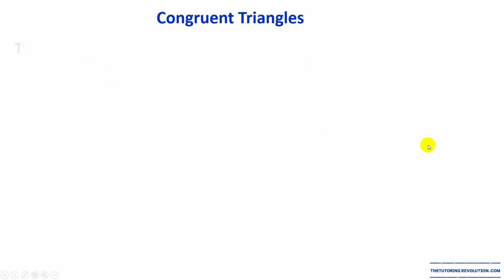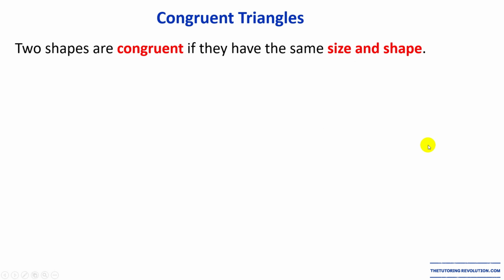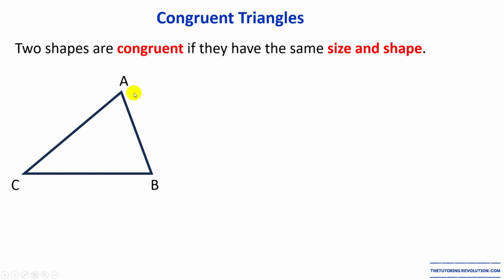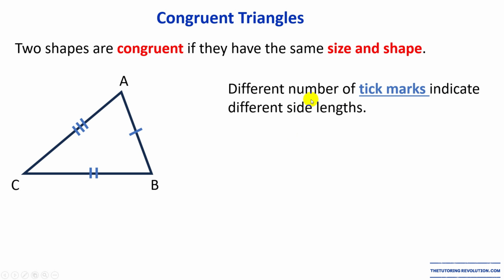Congruent triangles. Two shapes are congruent if they have the same size and shape. We have a triangle here, ABC. We're going to label the sides with tick marks. Different numbers of tick marks indicate different side lengths.